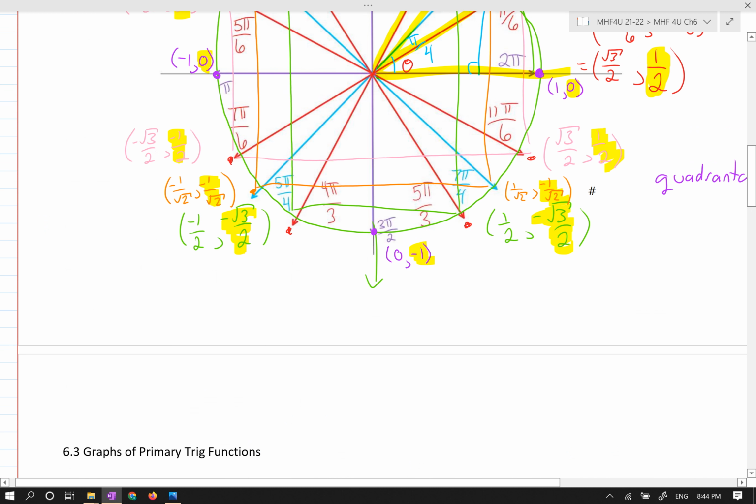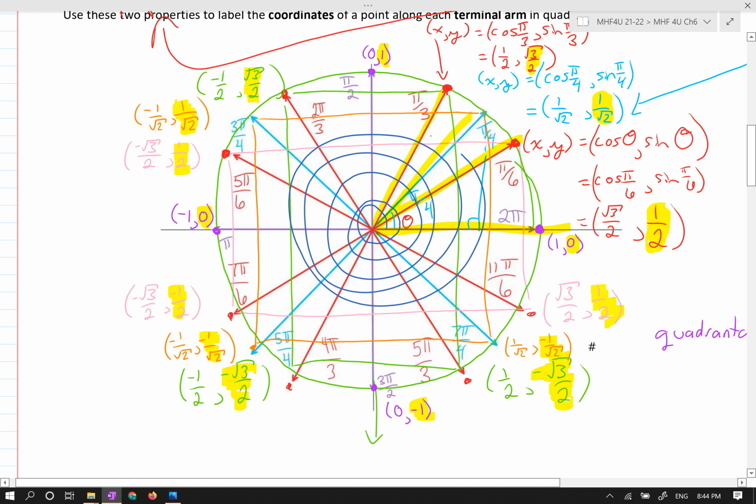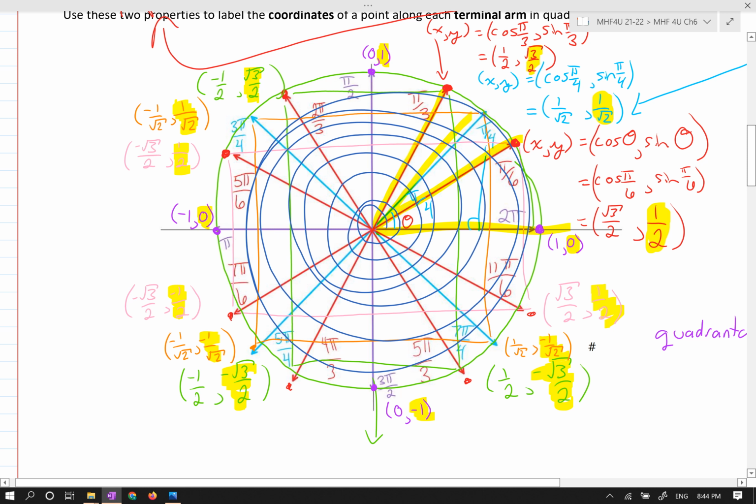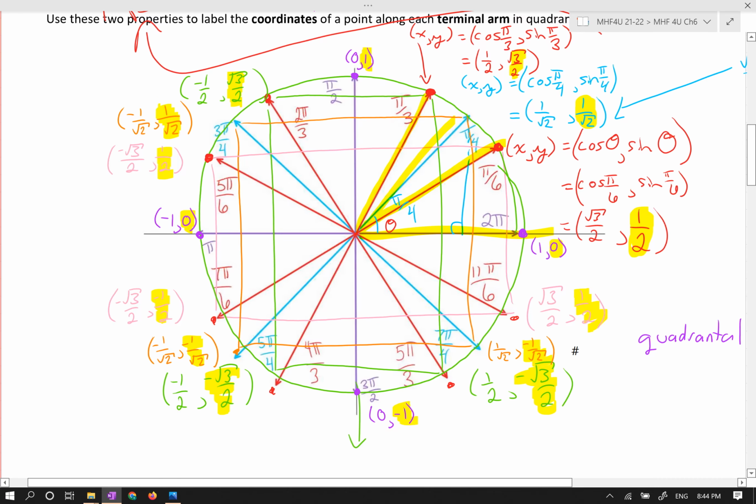If we wanted to, we could keep going and find more angles just by going more than one full rotation around our circle. In fact, we could keep going an infinite number of times around our circle. If you want a headache, keep looking at that and try that out. Or instead, we could go in the opposite direction.